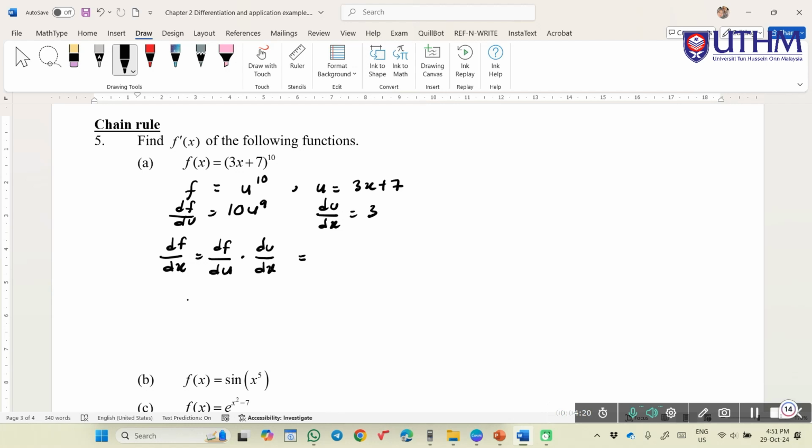Just substitute: df over du is 10 u power of 9, and du over dx is 3. Then we need to substitute back the u, which is 3x plus 7. So we get 10 (3x + 7) power of 9 times 3, which is 30 (3x + 7) power of 9.